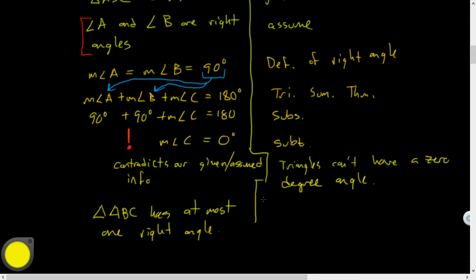All right? Because our assumption was false. Okay? Or you could say proof by contradiction.